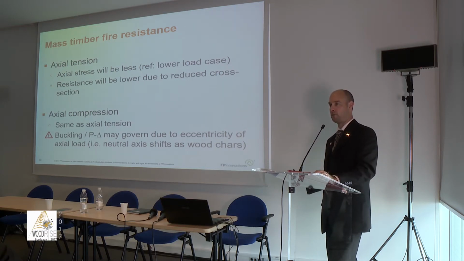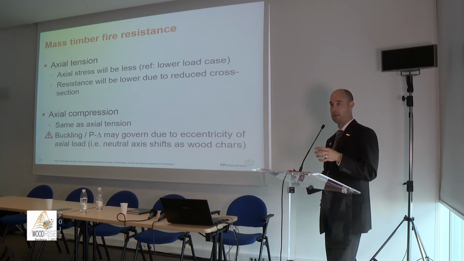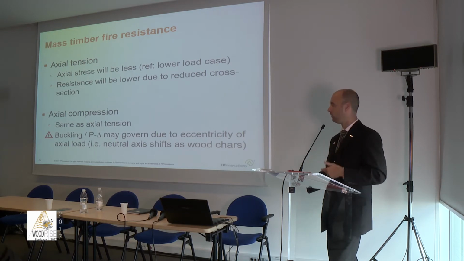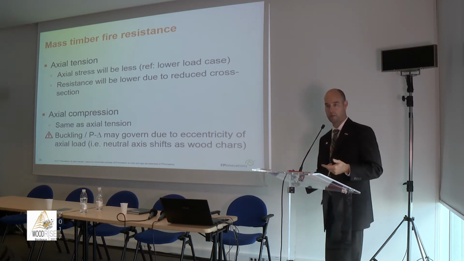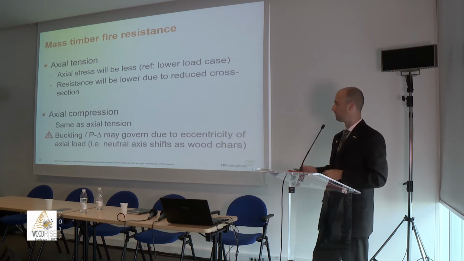You have to make sure that second order effects will not become an issue. As the column chars on the sides, the neutral axis of that column will change, because the load is still applied at the same place on top, but the neutral axis of the column is changing over time. So you have to do some iterations to check buckling or the P delta effects for columns.